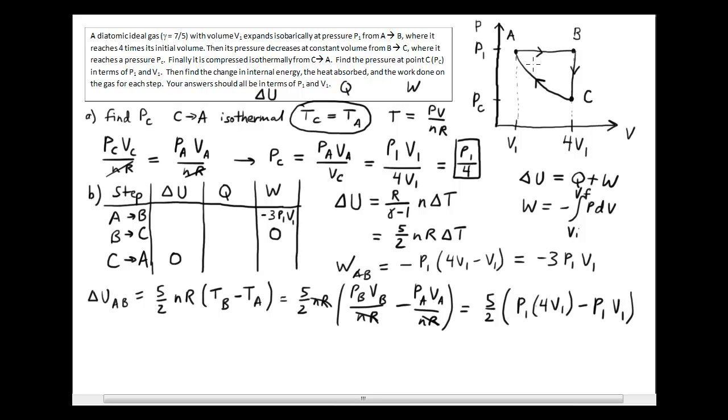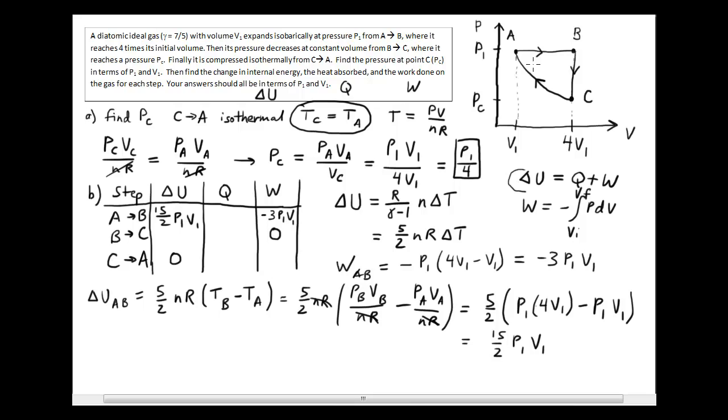So 4 P1 V1 minus P1 V1 is 3 P1 V1. 3 times 5/2 is 15/2, so we get 15/2 P1 V1. So that goes right in here. And once we have 2 of the 3 quantities, we get the third one from the first law.